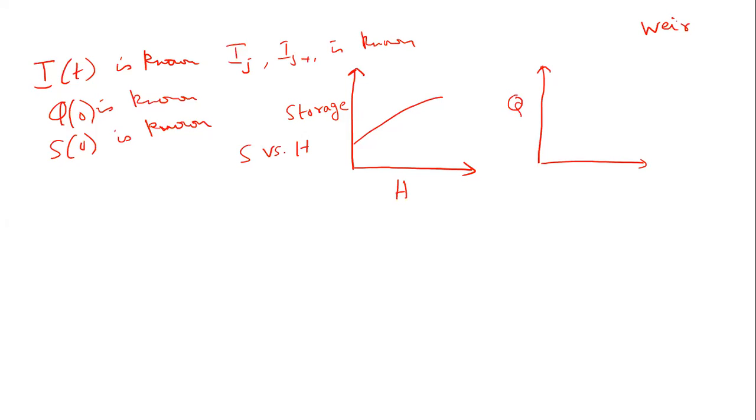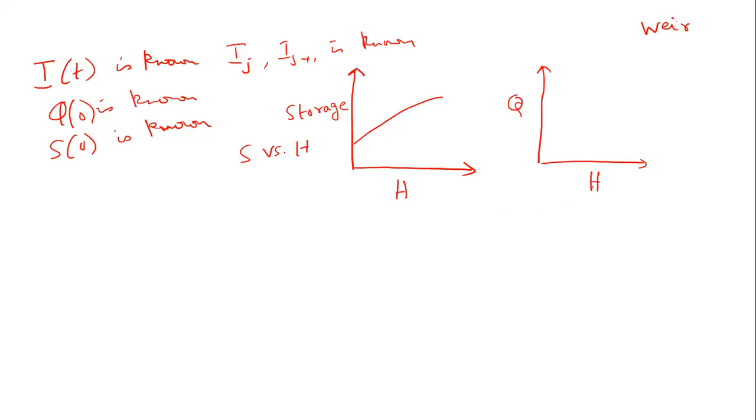So if you remember, we developed a relationship between Q and some other parameter in the channel, which allows you to estimate the flow rate. What was that parameter? Nobody? Okay. So again, you have a relationship between Q and H, right?